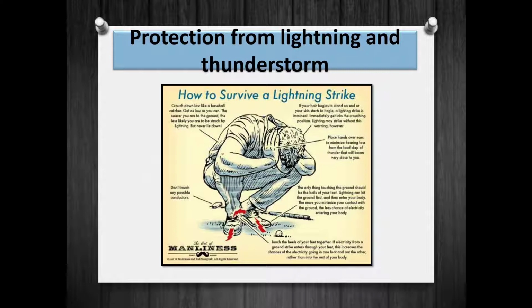It is because whenever you are in an open area, whenever you are outside, you become the tallest object in the surrounding as compared to the ground. So what will happen? The lightning will come closer to you, it will strike you, and then the charges will get transferred, in the process killing you.